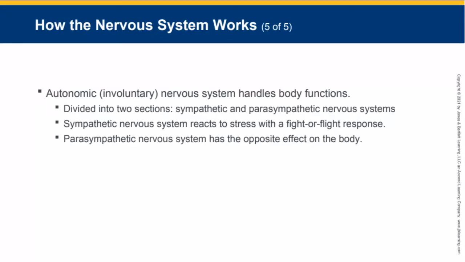It is the system that is working when you have eaten your dinner or your lunch, and your brain activity starts to slow down and you start to get sleepy. That's the parasympathetic. It is the rest and digest system. And the sympathetic is the fight or flight. So the sympathetic nervous system reacts to stress, which is a fight or flight response, and the parasympathetic nervous system has the opposite effect on the body.